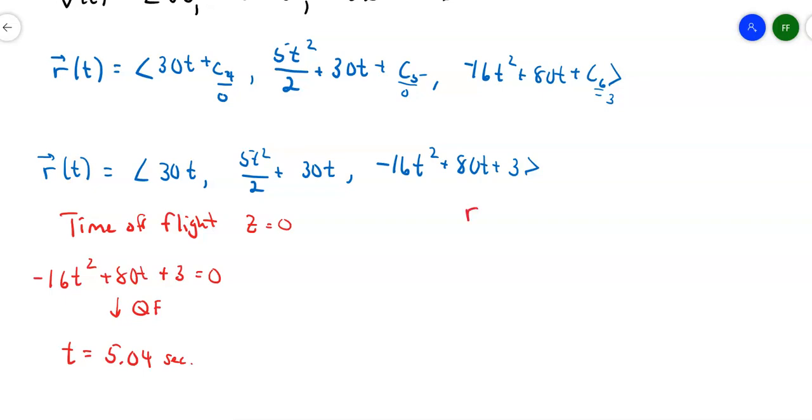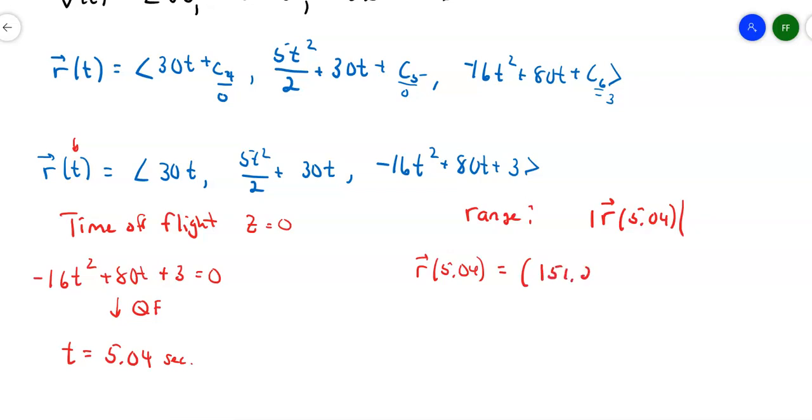Now, what if you want the range? The range is just the magnitude of the vector valued function evaluated at 5.04. So the first thing is you need to find out what r of 5.04 is. Take 5.04, put it in here for t. Again, just to spare you some of the details, I calculated already.